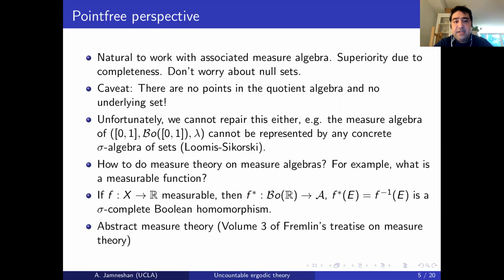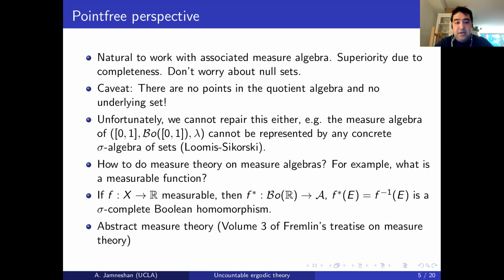But there is a caveat to that. And the problem is that once we quotient out the ideal of null sets from the probability space, then we have no points anymore in the quotient algebra. In particular, we have no underlying set if we want to work directly with the measure algebra. And unfortunately, this can also not be repaired.